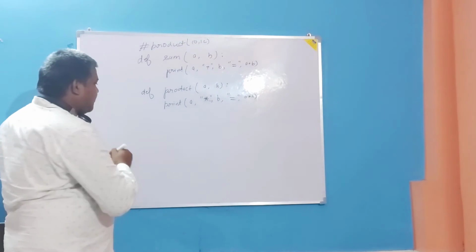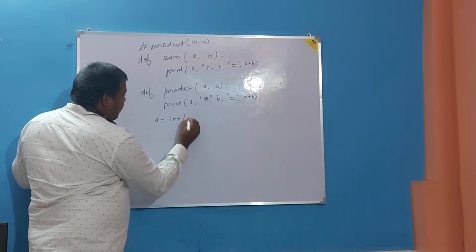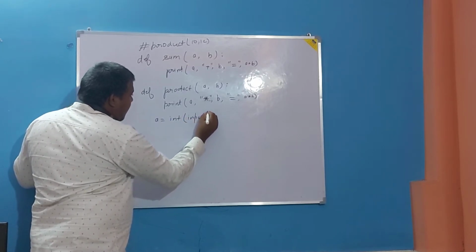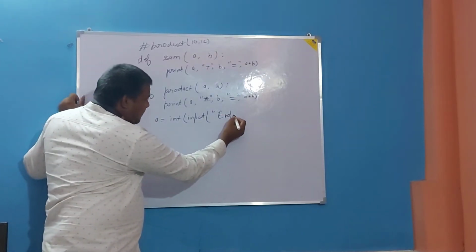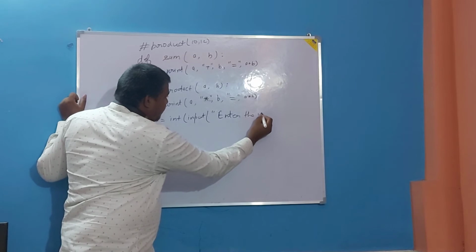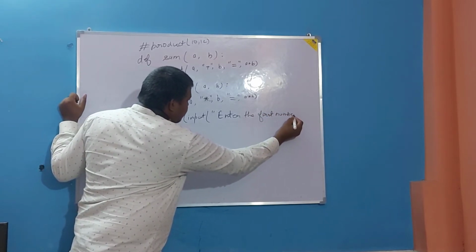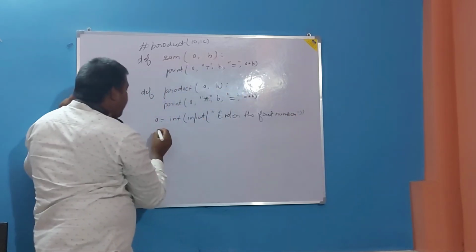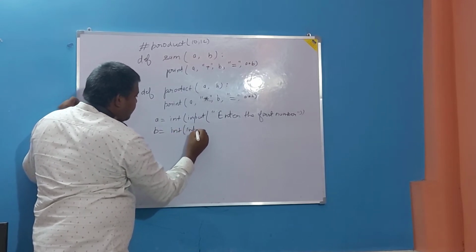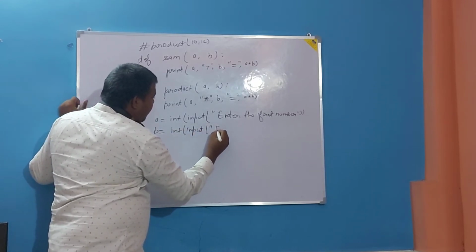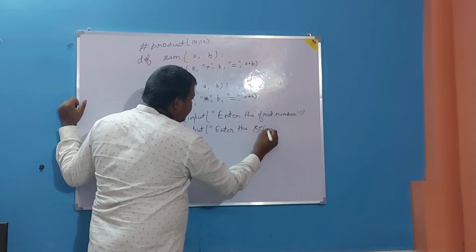We have to write a = int(input()) with the message, enter the first number, and again b = int(input()), enter the second number.